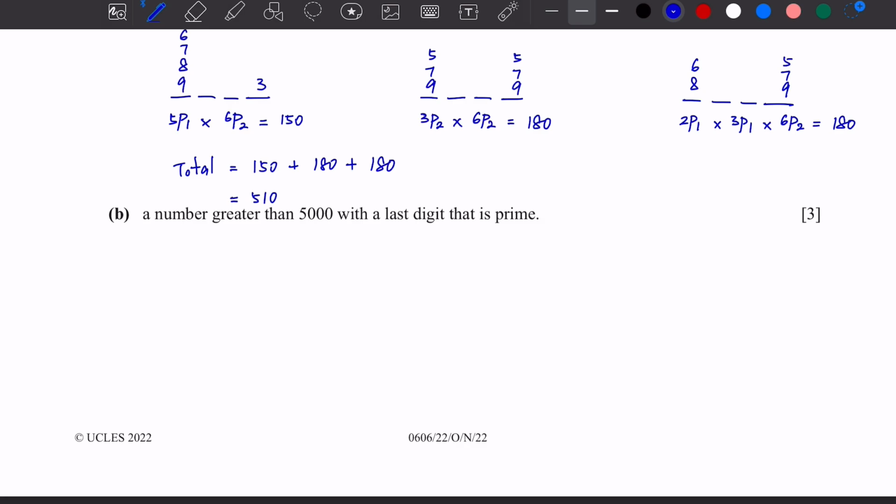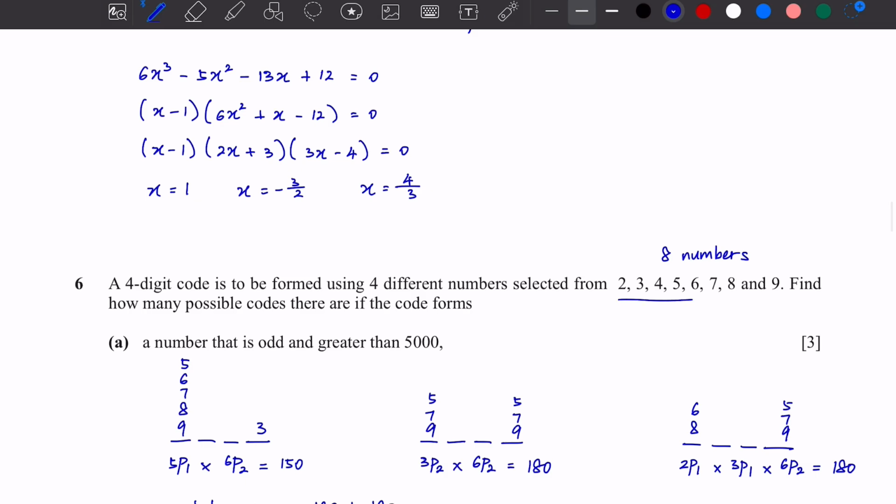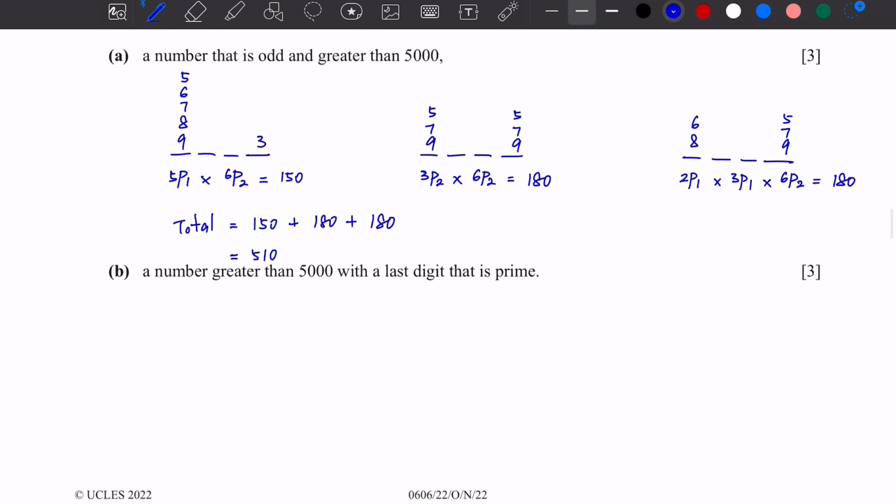Part B. We need a number that is greater than 5,000 with a last digit that is prime. So let's list out the prime numbers that are in this list. So we have 2, 3, 5, and 7. So we have 4 prime numbers, and we can see that 2 of them are actually contributing to this fact.